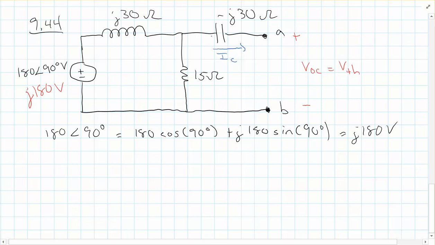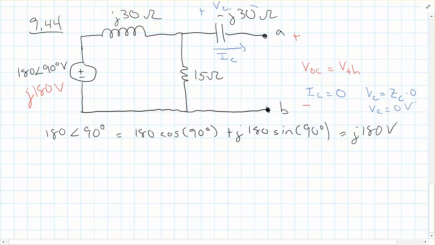Well, because this is an open circuit, there is no current. I sub C is equal to 0. So if I label the voltage across the capacitor, it's going to be the impedance of the capacitor times 0, and so that's just equal to 0 volts.